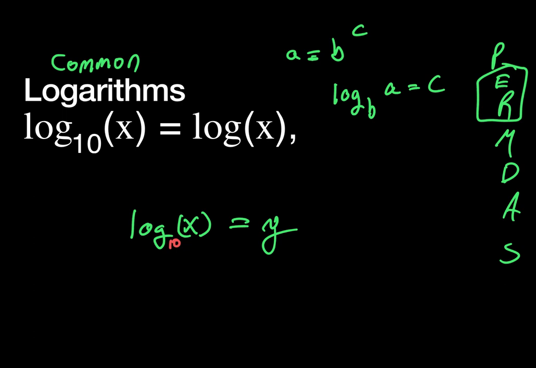When I do that, I'm saying 10 to this power is equal to that. The mistake people make is they go, well, it's 10 to the x equals y, and that's not how a logarithm is structured. This would be rewritten as 10 to the y power equals x. So the common log, again, is base 10.